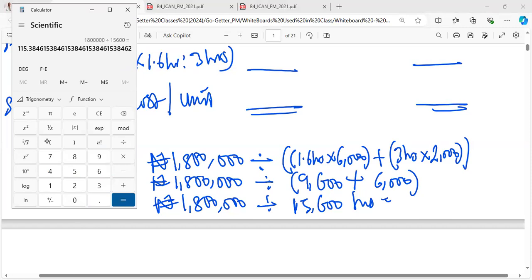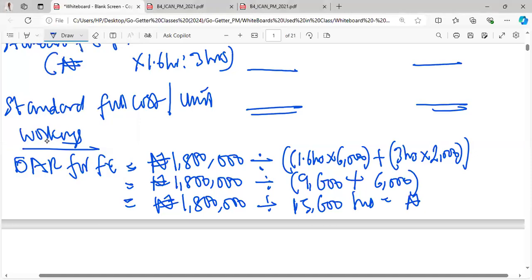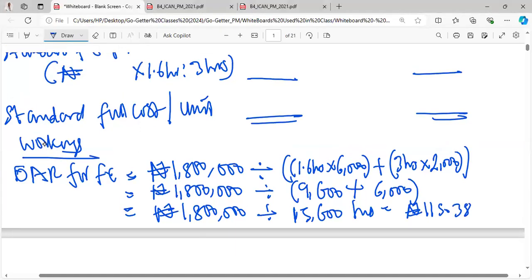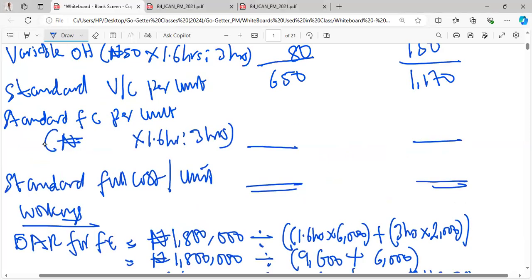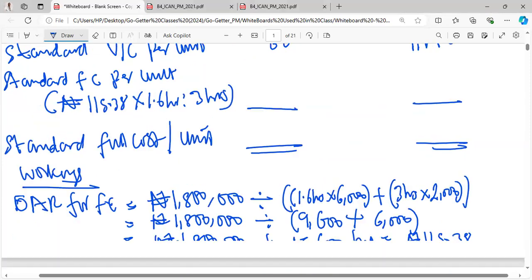Let me say 115.38. So I can go here and say 115.38. I will not remove what is in my calculator.